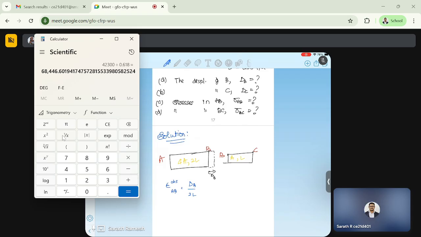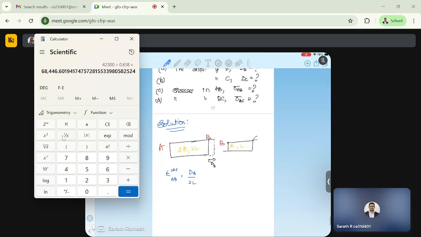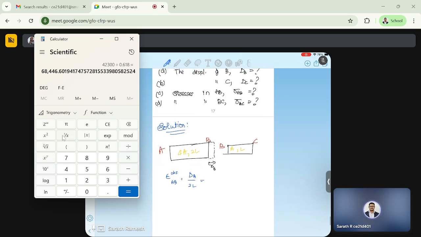Now, what is observed strain? This is nothing but mechanical strain plus thermal strain. Thermal strain is alpha into delta theta of AB, right? And what is the mechanical strain in AB?